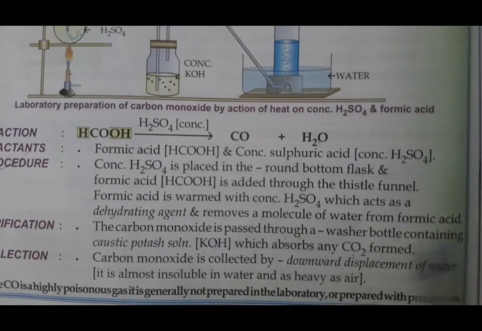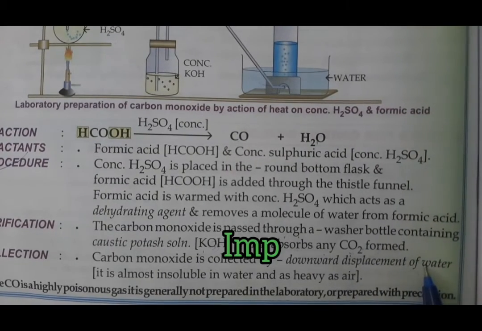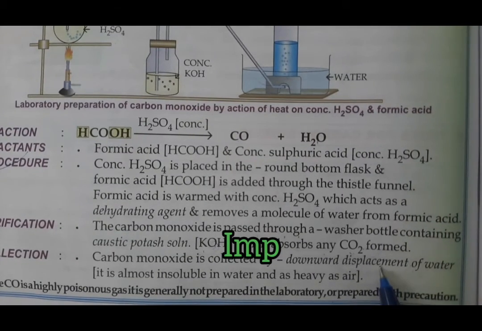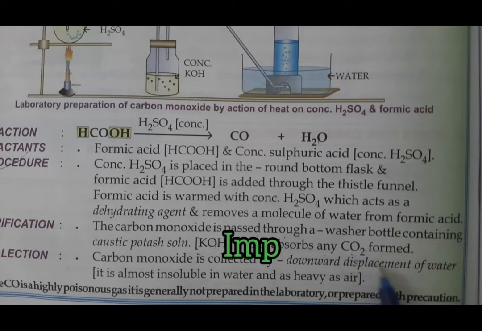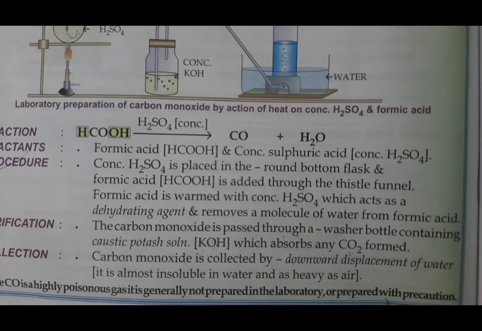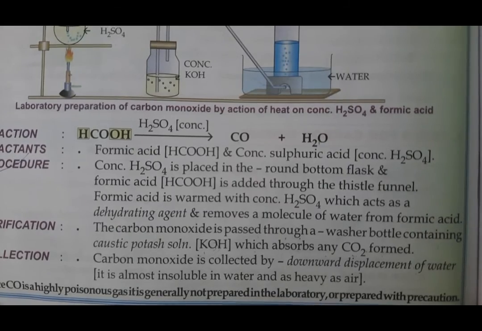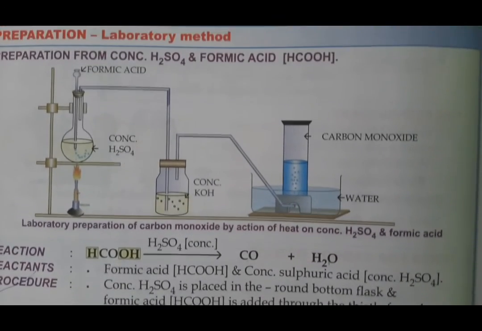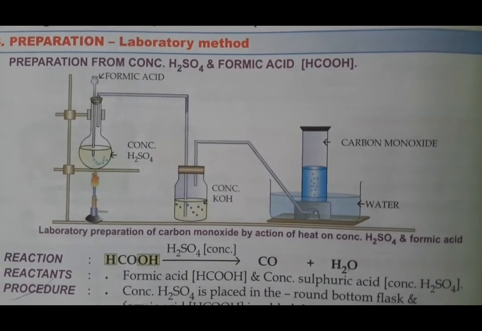And how is it collected? By downward displacement of water, because it is lighter than water, so water goes down. And though it is a poisonous gas, we hardly prepare it in the laboratory. If you have to prepare it, you have to take great precautions. So this much may be asked.